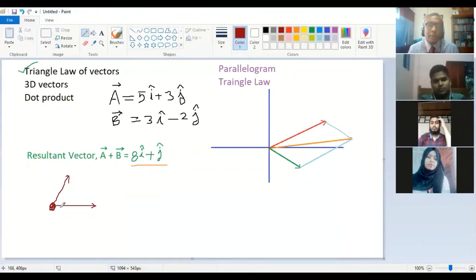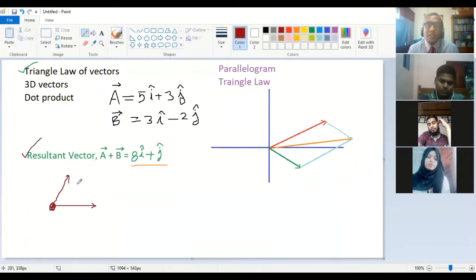So what will happen if someone is pulling the rope which is tied up with a stone in one direction, and another person is pulling another rope which is tied up with the same stone? What will happen as a result? That is the resultant vector.